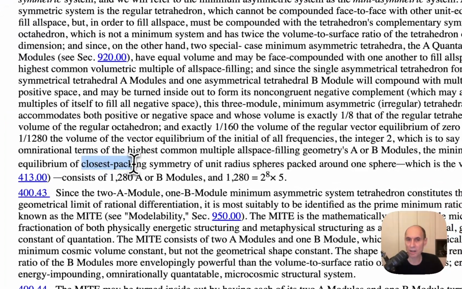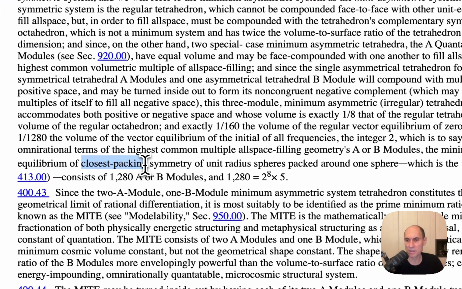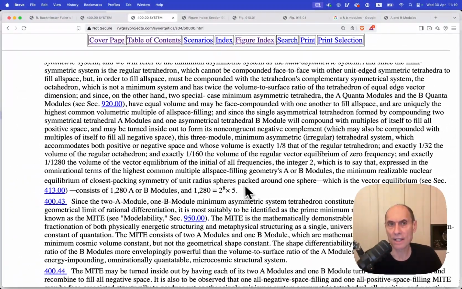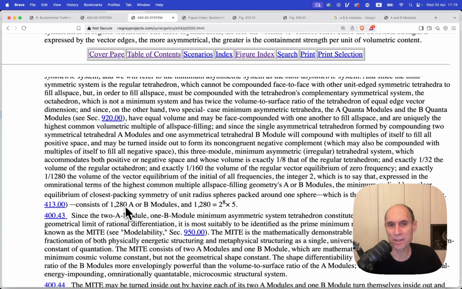Close packing, I'm not going to start today. We're going to be discussing that at length later. Close packing has a huge critical relationship to these shapes and how they function and why they're important.